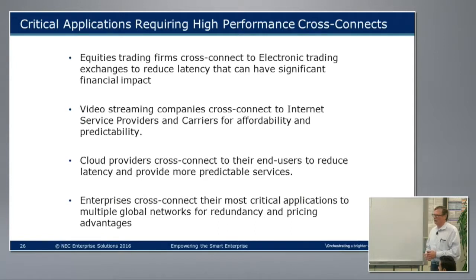Then video streaming companies have huge amounts of data that needs to go through these CrossConnects, so sometimes we need very large bandwidth. In many cases, enterprises want very reliable connections, so they implement redundancy and cross-connect to multiple service providers.